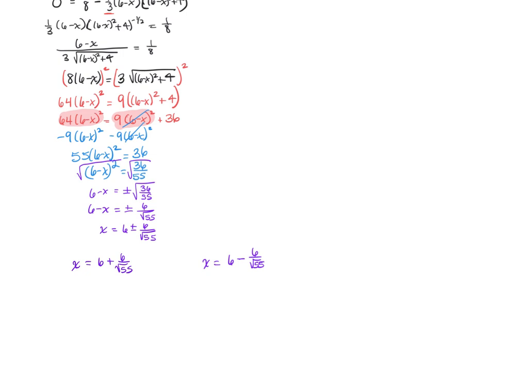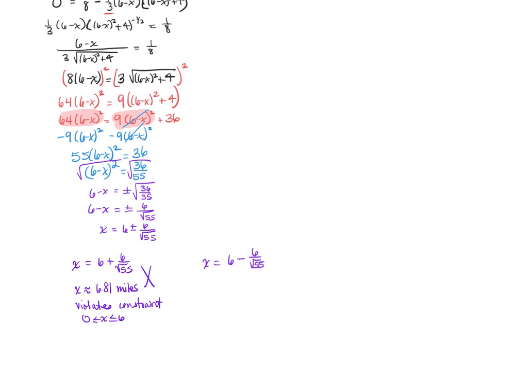When we look at x equals 6 plus 6 over the square root of 55, this is approximately 6.81 miles. This is outside the scope of our domain, which means it violates our constraint, where x has to be between 0 and 6.